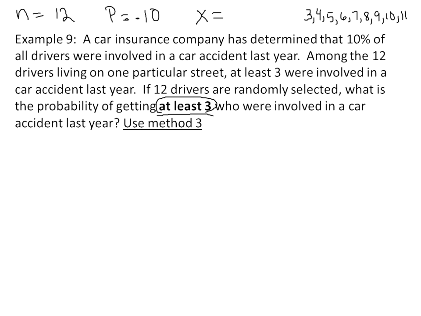Where do you think? Yeah, because we only had 12, right? So you have to go all the way to 12. Okay, so at least 3, the least you can have is 3.